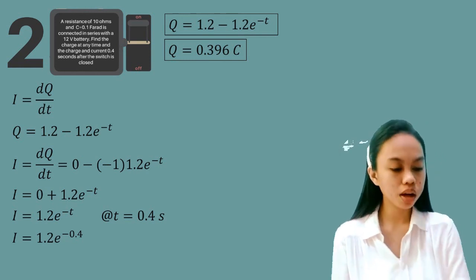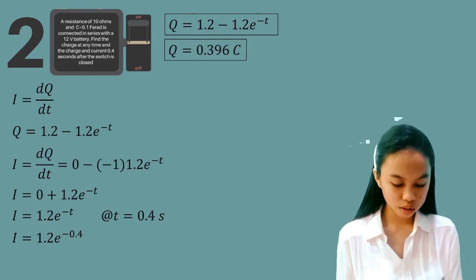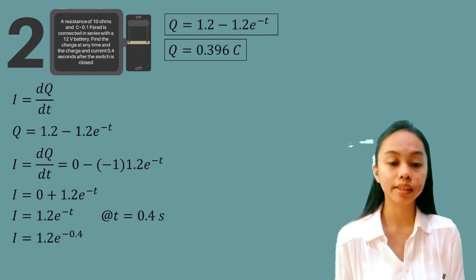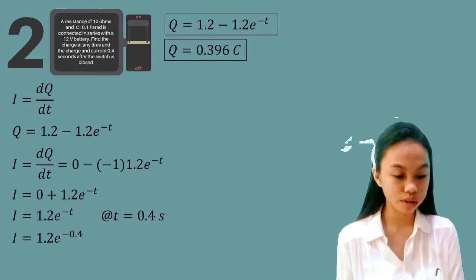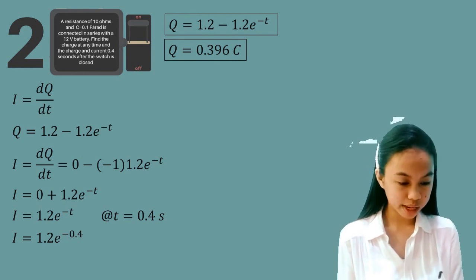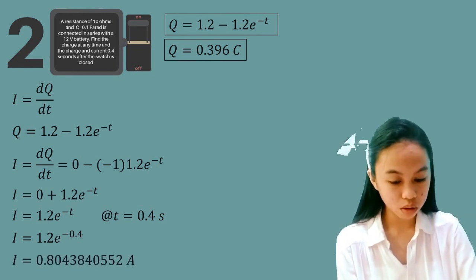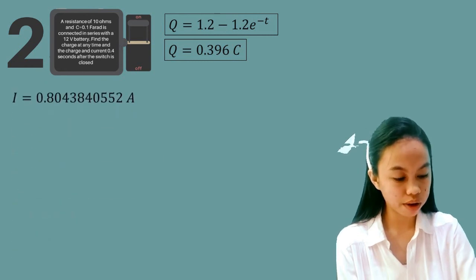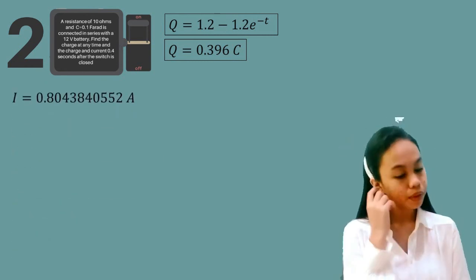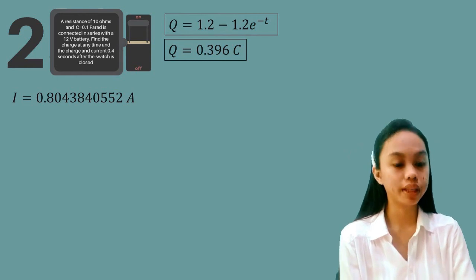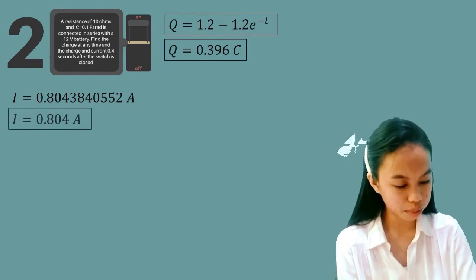Using a calculator, we will solve for our current 0.4 seconds after the switch is closed. We have I equals 0.80438405552 amperes. We will just use up to 3 decimals, so we have 0.804 amperes.